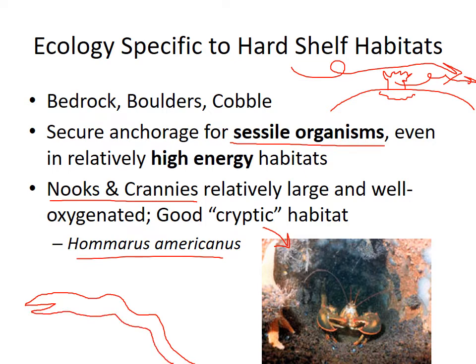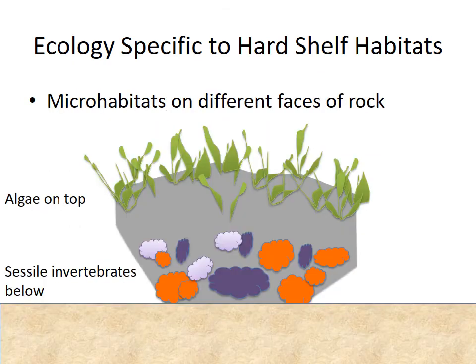It's not the world's greatest moray eel, but give it some fangs. Angry eyebrows. So holes and hiding places between the chunks of substrate in hard shelf habitats provide a unique and valuable habitat for a lot of cool organisms, and that's one of the things that leads to the high diversity of these habitats.